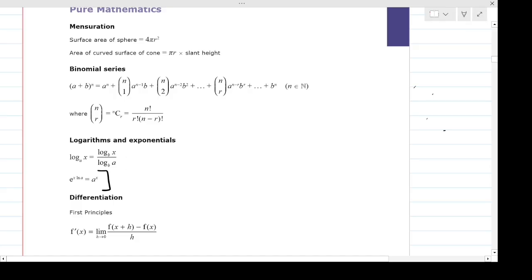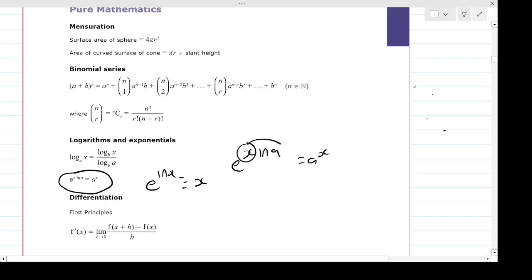This formula here, it's basically a more long-winded way of saying the formula e to the ln x is identical to just x, right? It's the same thing, but with extra steps. Because e to the x ln a, which is what you're given here, is a to the x, right?